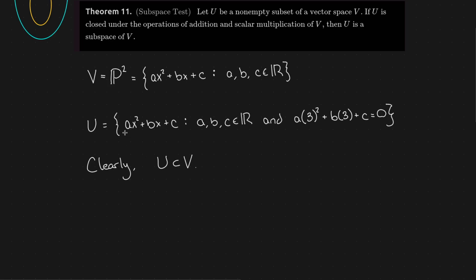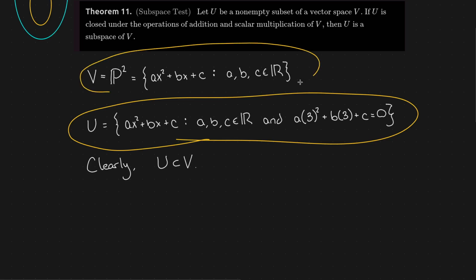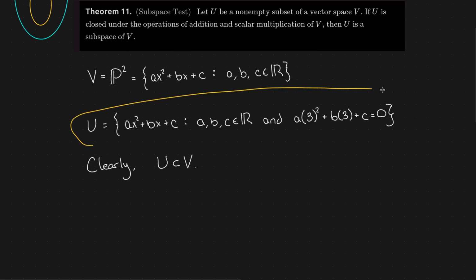U is polynomials degree 2 or less with real number coefficients and some extra condition. So this is going to be some of the polynomials in V, but not all of them, right? But every polynomial here is a degree 2 polynomial or less with real numbered coefficients. There's an extra condition, but it does satisfy all the conditions that V has. So U is a subset of V.